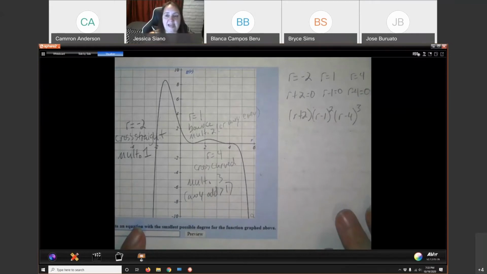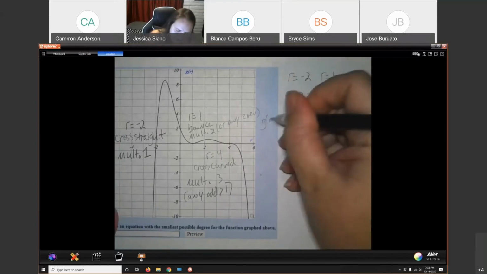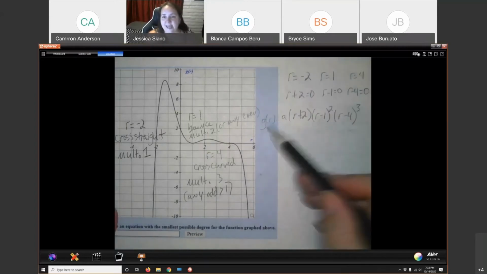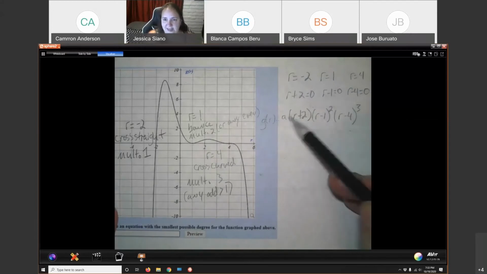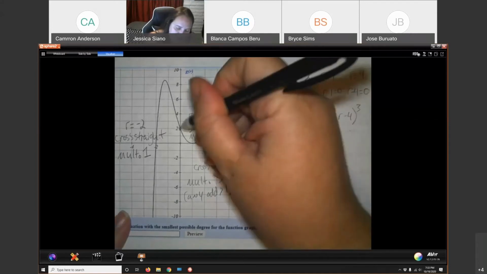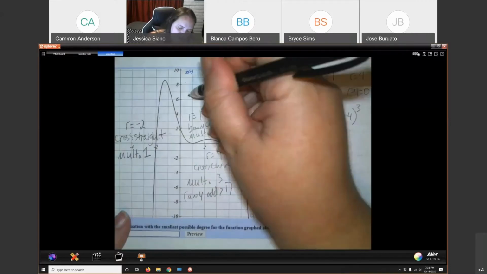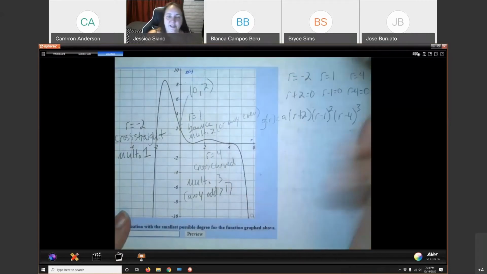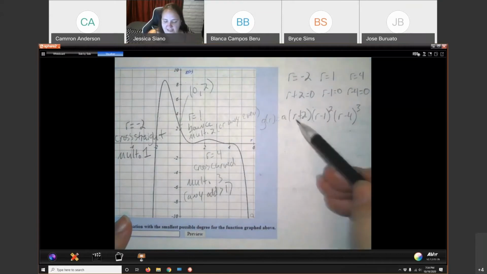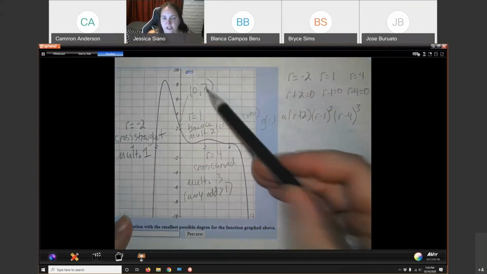Okay, I need any other point in order to be able to find my leading coefficient. So far I have g of r equals a times this, where I do not know what a is yet. That's my leading coefficient. I see I have a point here at 0, 2. So that means that when r is 0, g of r is 2.